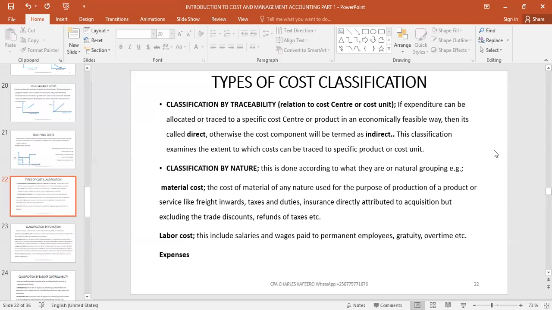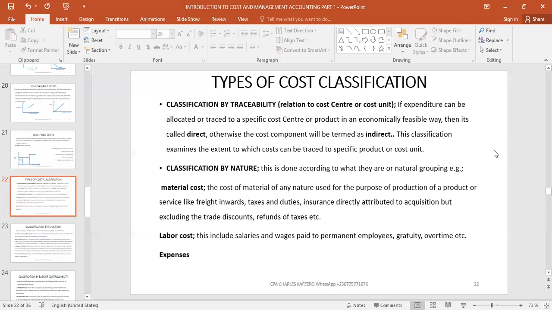But you should also know that when you are valuing the materials, you should exclude the trade discounts, because in accounting, trade discounts are not recorded anywhere in the financial books, because you have not actually paid them. We record the money you've paid.